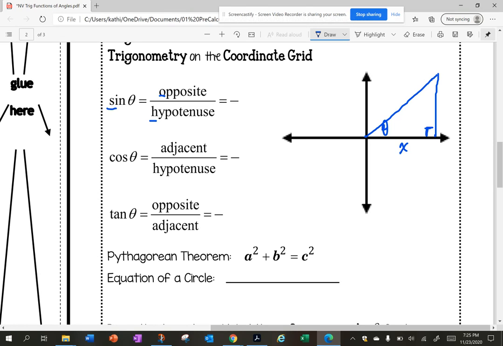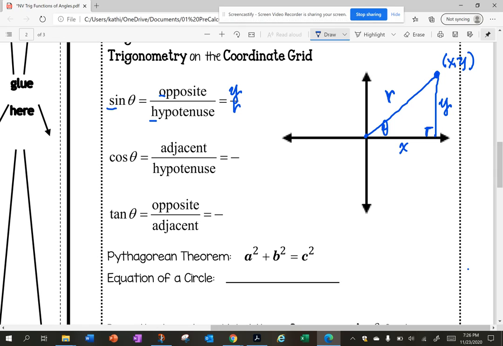The horizontal distance on the coordinate plane is x, the vertical distance is y, and to my point (x, y), this is my radius. So on the coordinate plane, sine is opposite the reference angle, so that's y, divided by the hypotenuse, which is r, the radius.